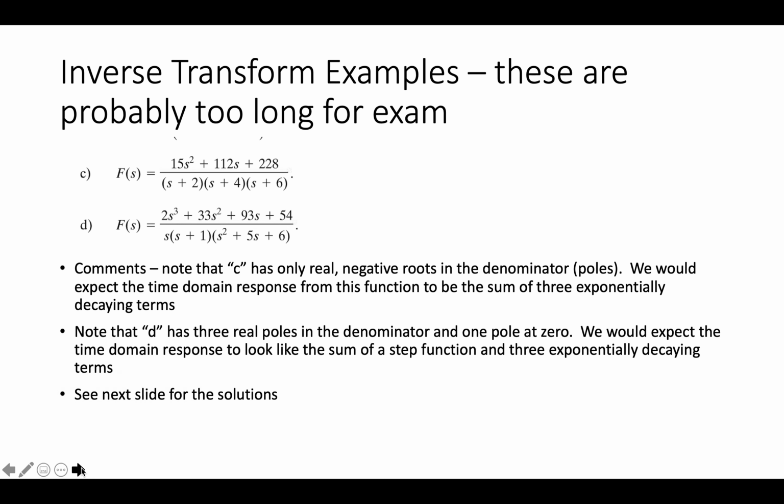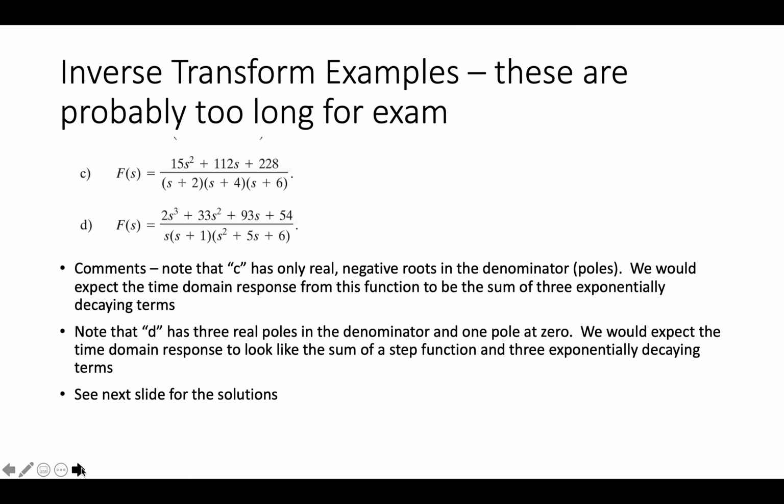And then finally, looking at some inverse transform examples, I'm showing these to illustrate the technique, and they are solved in the next couple of slides, and these slides will be provided for you.